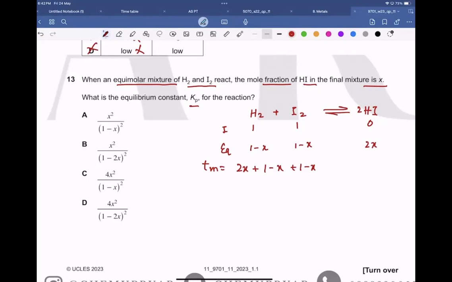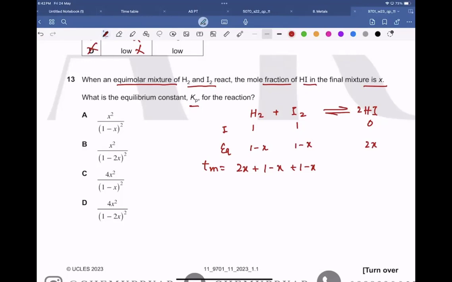Okay. Now, we got the moles and we put them in a Kp expression. The Kp expression would be equal to the partial pressure of hydrogen iodide squared over the partial pressure of hydrogen times the partial pressure of iodine, right? So it's 2x squared over 1 minus x times 1 minus x.